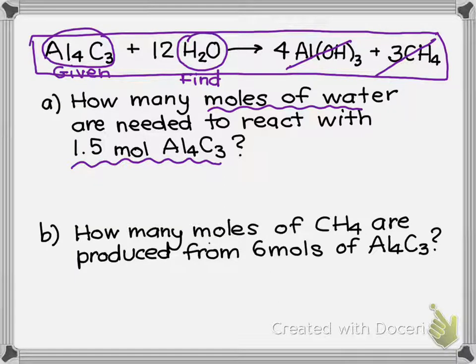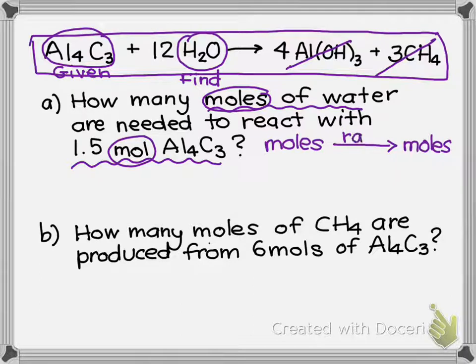And if I was thinking about it, I would say, okay, for moles and moles, so I know if I'm given moles, and I want to go to moles of a different substance here, then I'm going to use the ratio. It's only one step. So you'll write down what you were given, and we're going to multiply it by the ratio.